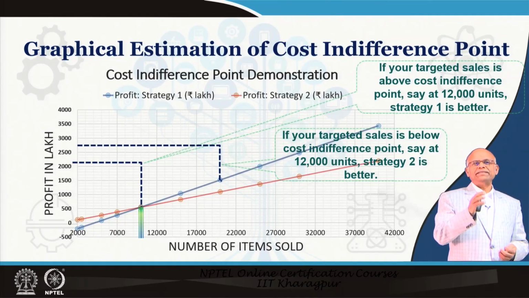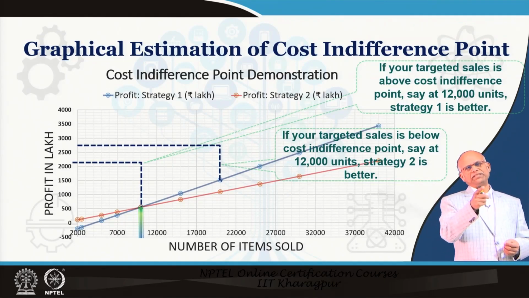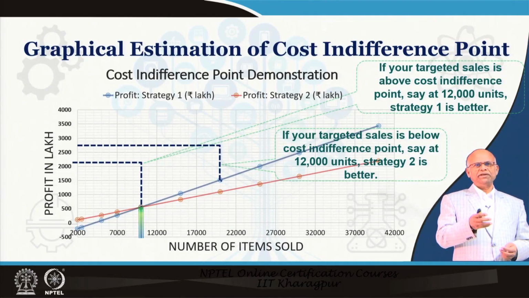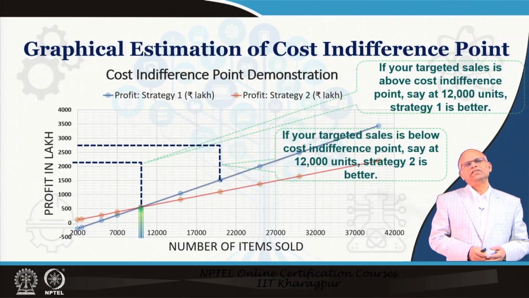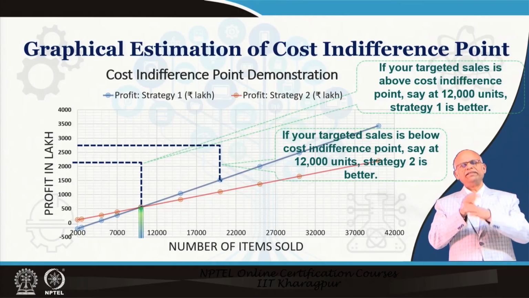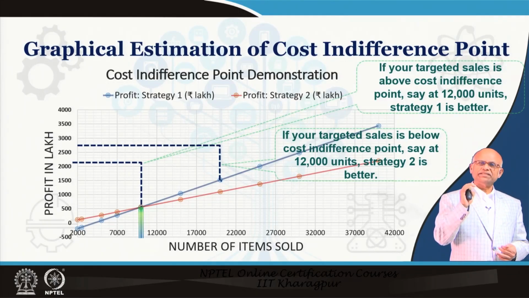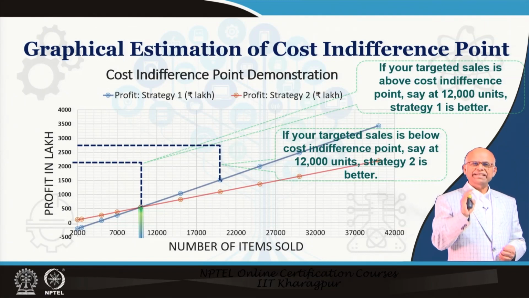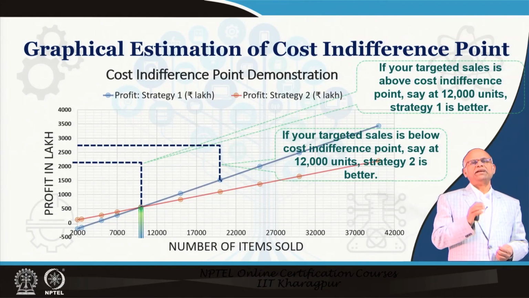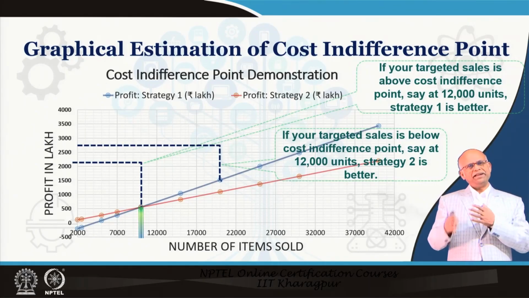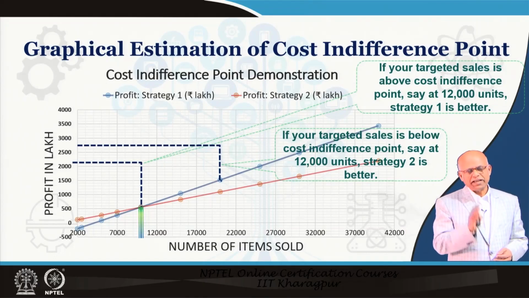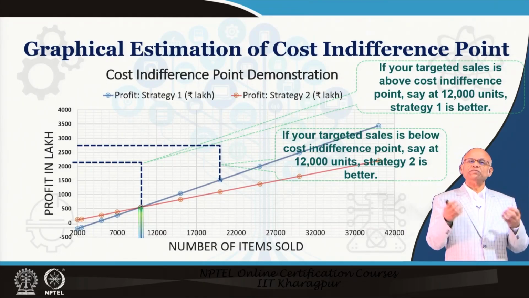So, it is actually meeting at a point of say something close to 12,000, maybe something like 10,000. Whatever is the number of units where these two lines intersect, that is the profit indifference point or cost indifference point, meaning that whatever the ratio of variable cost and fixed cost, this point is not affected by that ratio; profit becomes the same for both.